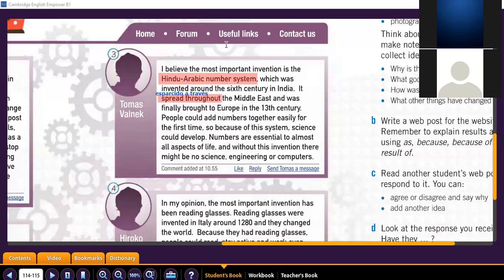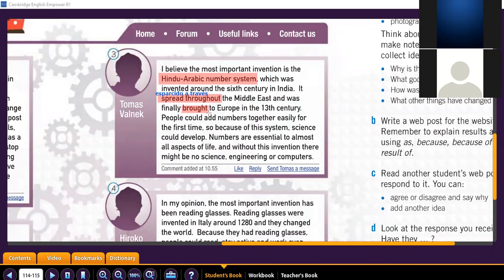So it was spread through the Middle East and it was finally brought. Sí, y finalmente fue traído a Europa. Acuérdense que esta palabrita brought would be the past of the word bring. Sí, es el pasado del verbo bring, que es traer, ¿no? Es decir, fue traído a Europa más o menos en el siglo XIII.